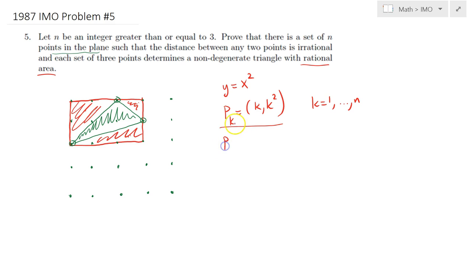For instance, consider Pk and let's say Pm, which has coordinates (m, m squared).